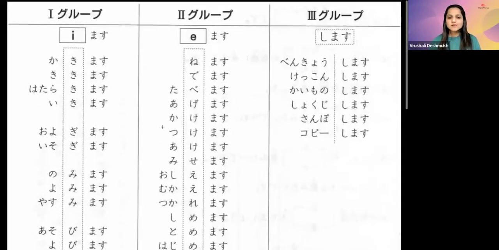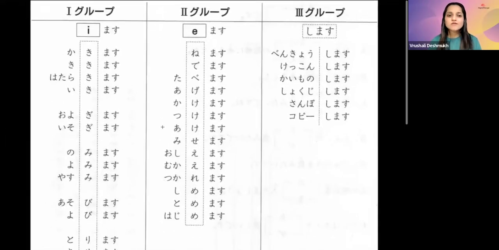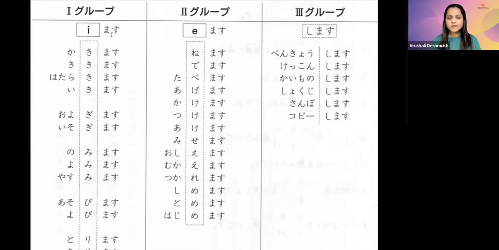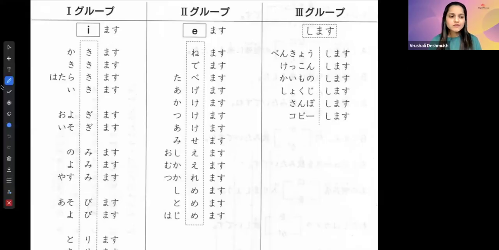If you can see, this table gives the list of verbs in different groups. The thing is very simple. If you remove masu from the verb, any verb, as you know, the masu form of the verb ends with masu, right?